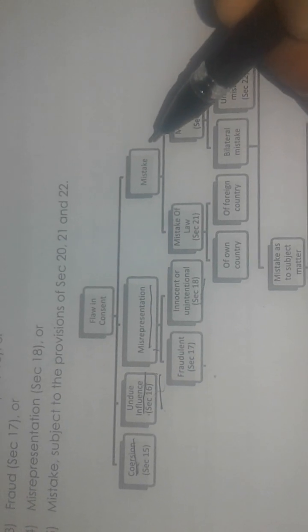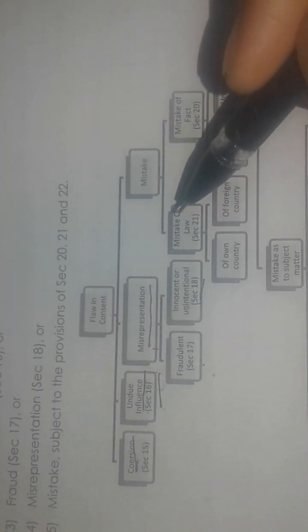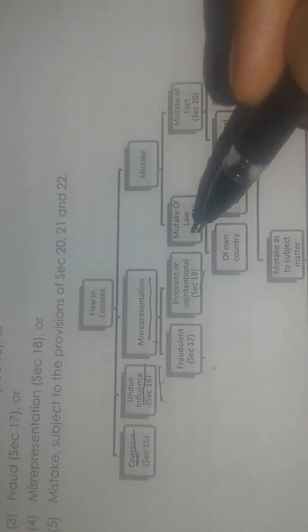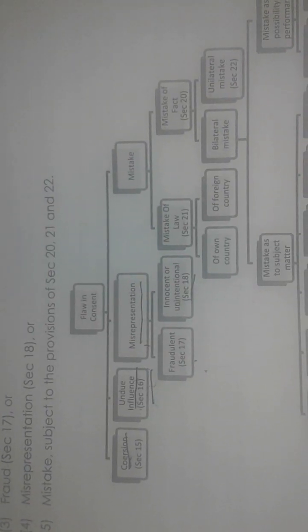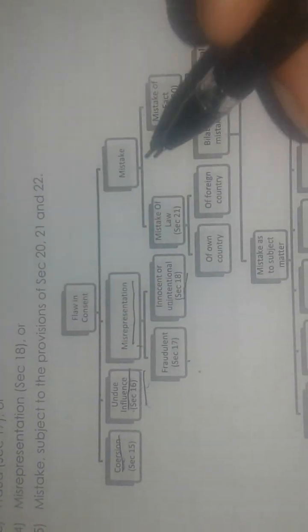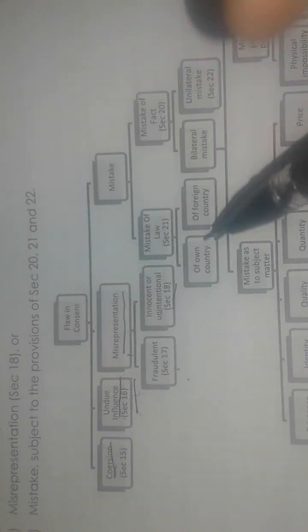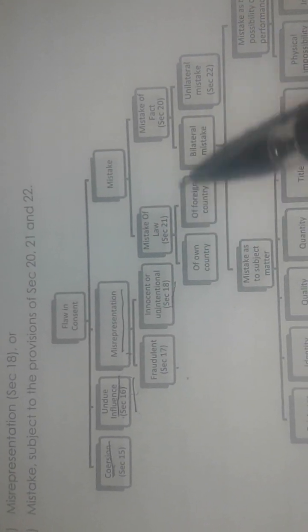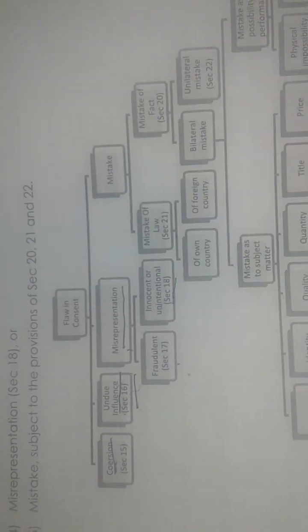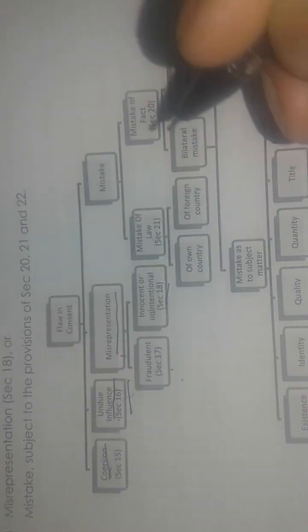Now next is mistake. Mistake is further divided into two parts: mistake of law and mistake of fact. These two have further divisions. Mistake of law has two divisions: mistake of law of one's own country, or mistake of law of a foreign country, right?